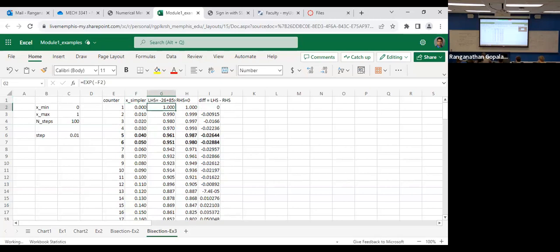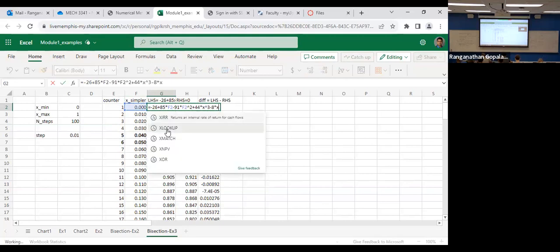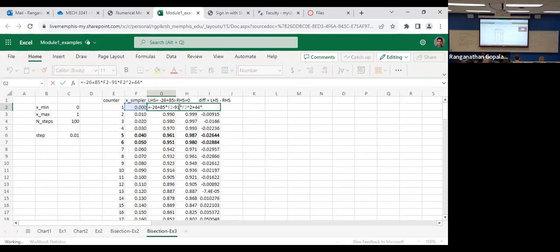So next step, you punch in the formula for LHS equals minus 26 plus 85 times x minus 91 times x squared plus 44 times x cubed minus 8 times x power 4 plus x power 5.